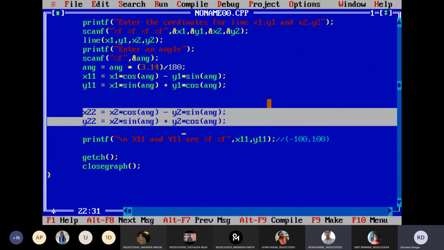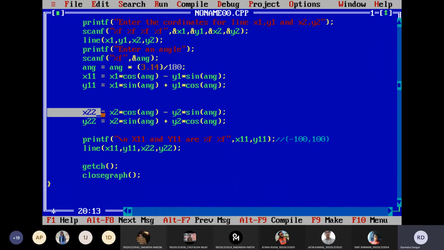Yes, sir. So now instead of displaying the values, let me just put all values in the function itself. Let's use the line function. I want to draw a line from x11, y11 to x22, y22. Here we are assuming that we are getting the perfect values.